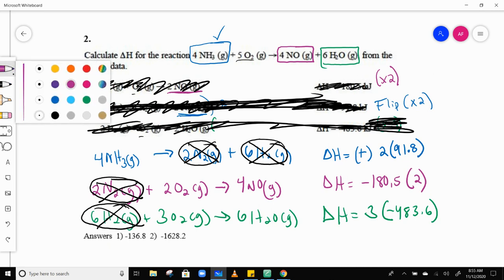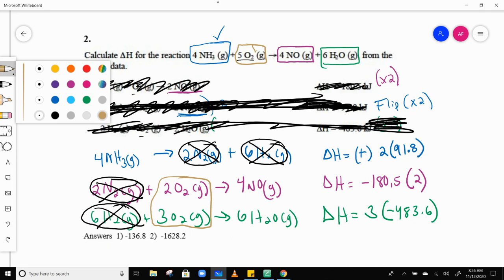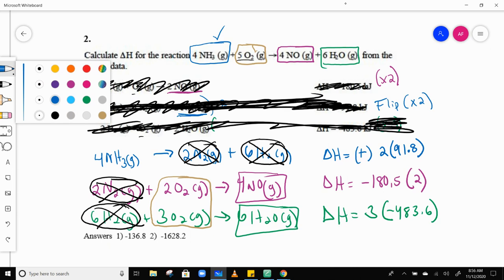You have these 2 O2 here. They're on the same side, so they actually add, and you get that 5 O2. Okay, and now if you want to make it look really good, that 6 H2O is there. That 4 NO is there in the products, so those 2 are in the products. We're good. The NH3 is in the reactants, and the O2 is in the reactants. So we're good.